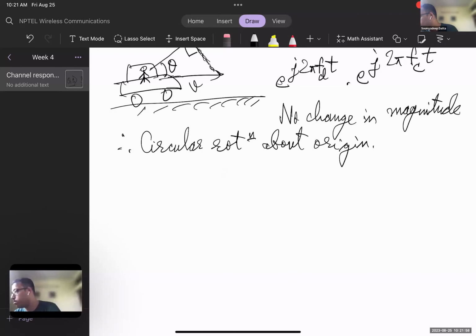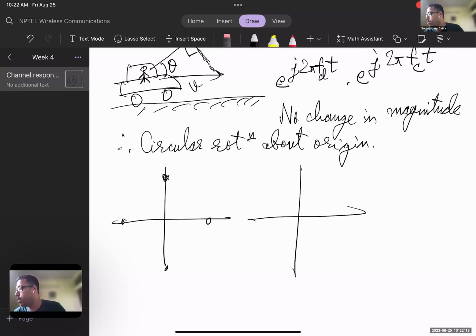So then here your received symbol might look like this, it might look like this, it might look like this, whatever, but it will essentially have the same distance from the origin.